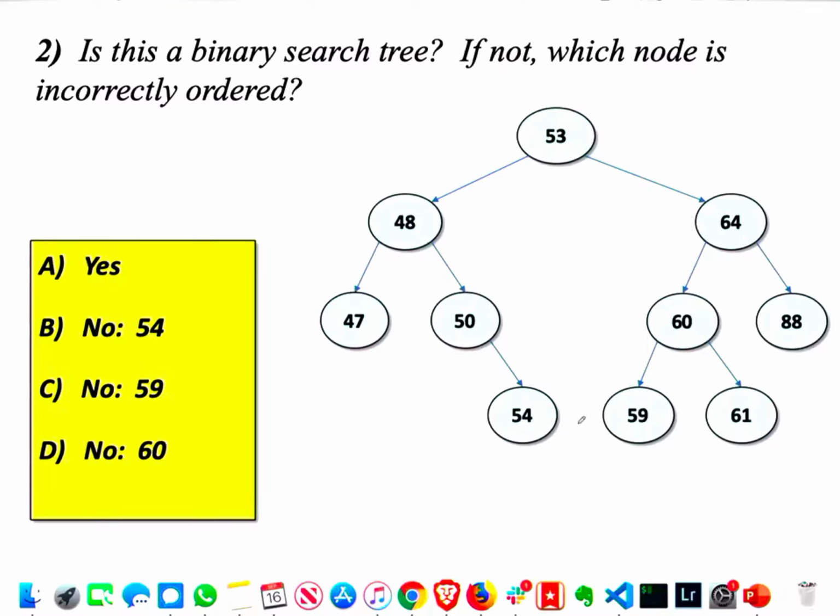Okay, so if we were to fix this, we would have to move 54 to the right. 54 would come out right here. The math is acting all weird, but you get the point. Any questions?